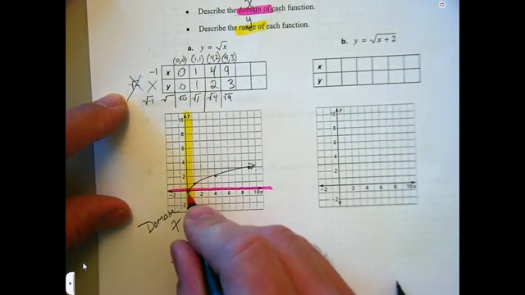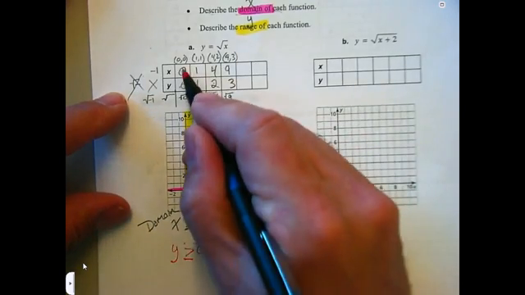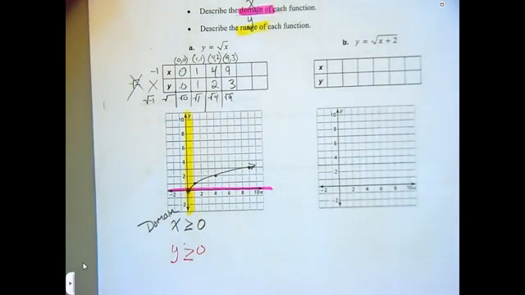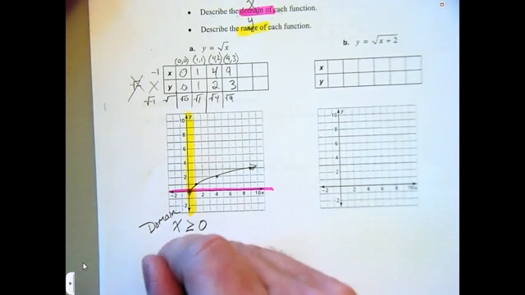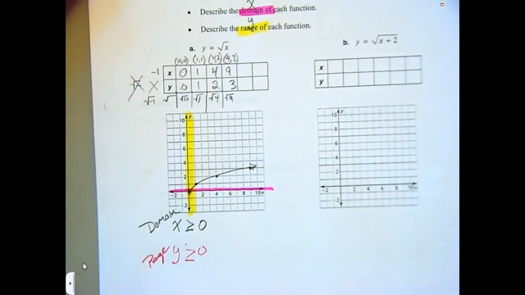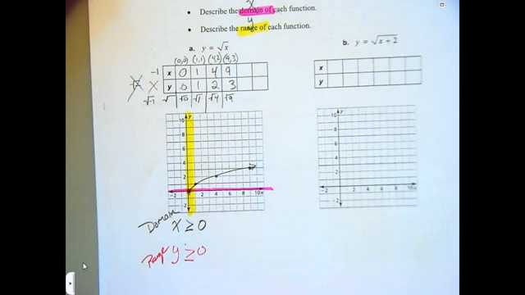Can it be 0? Yes. In fact, you see those 2 points in your table there. That is your range. Okay, notice I didn't finish the table because the reality is I couldn't put those points on the graph, so I just stopped there. Okay, part B.